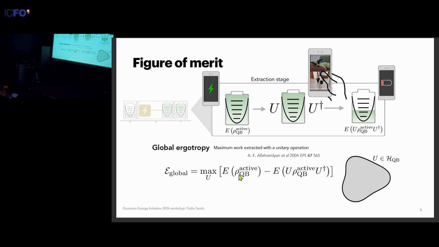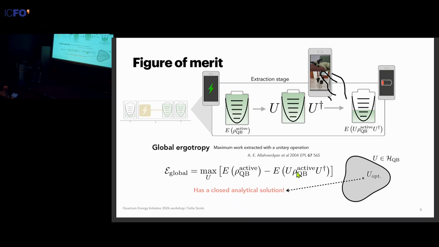So it's the energy before, when it's active, minus the energy after you extract everything, when it ends up in a passive state, where these unitaries are global in the sense that they extract all the energy only from the quantum battery. And then you maximize over all of these unitaries. This maximization has a closed analytical solution. And this is the passive state here.